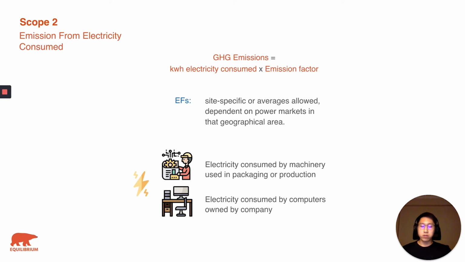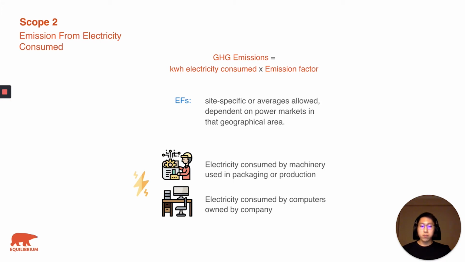Emissions from the electricity consumed by the company during the production of these potato chips are accounted for under Scope 2. Generally, emissions under this category are calculated by multiplying the amount of electricity consumed by an emission factor, which can vary depending on which method your company chooses to adopt.